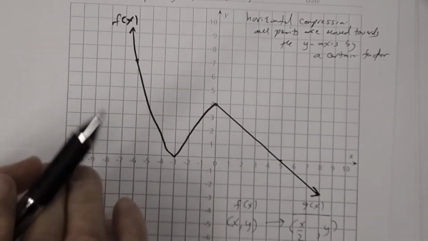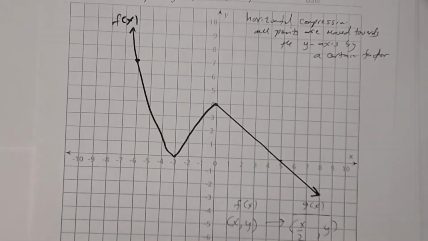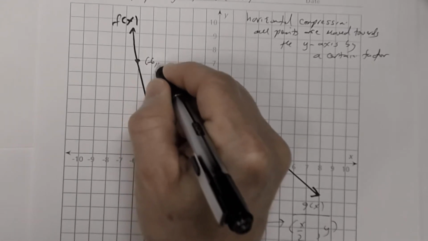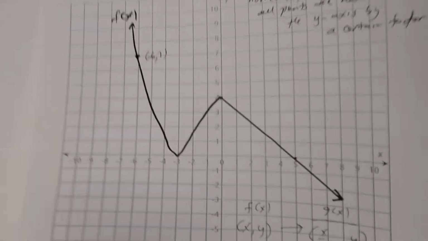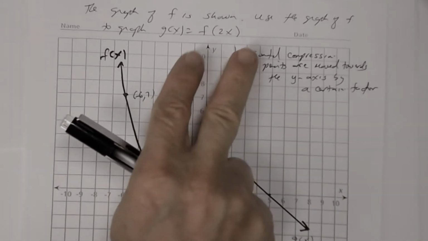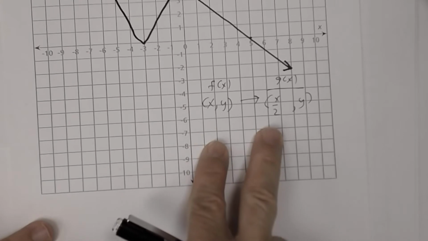Let's take this one right here. There's already a dot there, so go ahead and label this. This point is (-6, 7), right? Negative 6, 7. Remember what we just said. Whenever you do the horizontal compressions, it's a good idea to do what I'm about to do.